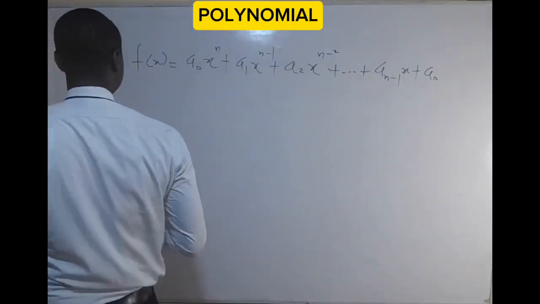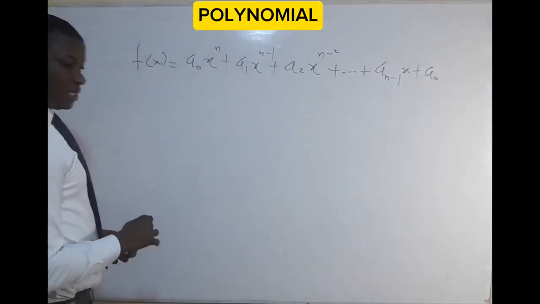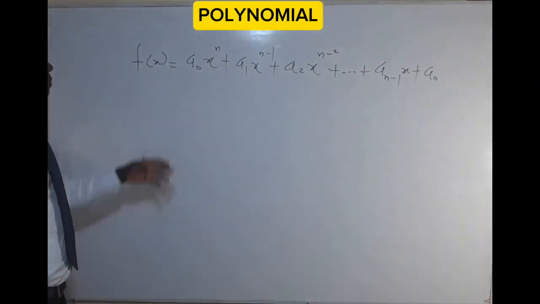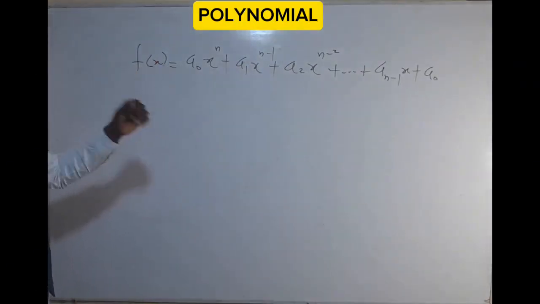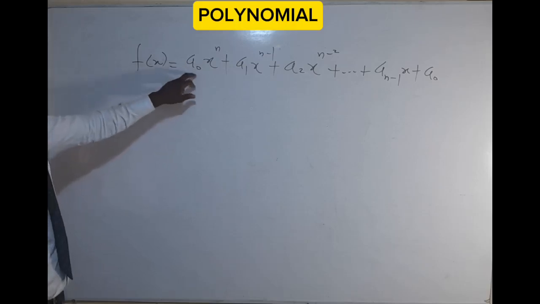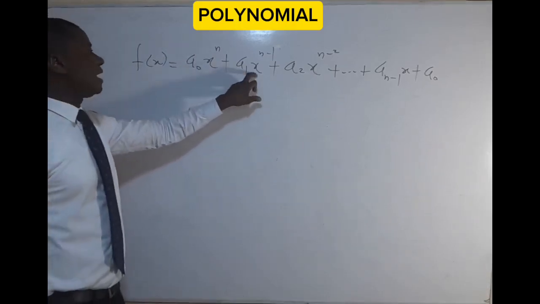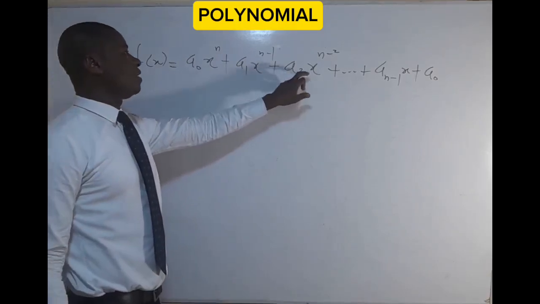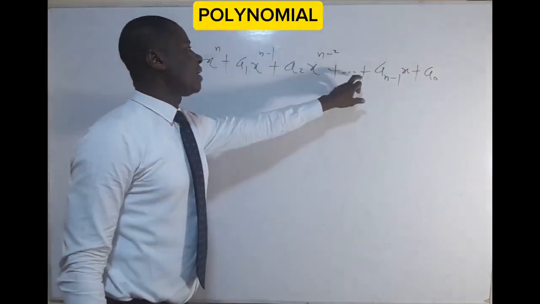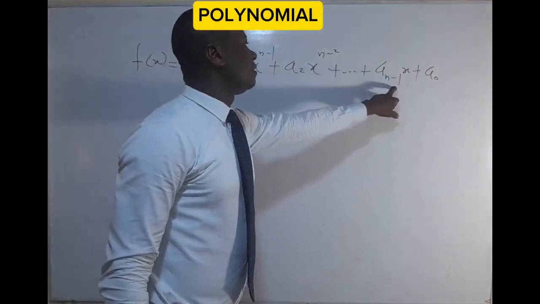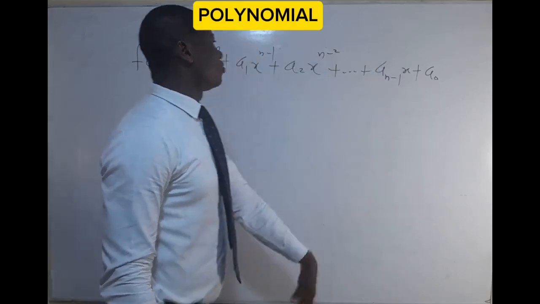So any function that can be expressed in this form is what you call a polynomial function, and this one is in x, okay? So f of x equals a0 x exponent n plus a1 x exponent n minus 1 plus a2 x exponent n minus 2 plus a n minus 1 x plus an, where an is a constant.